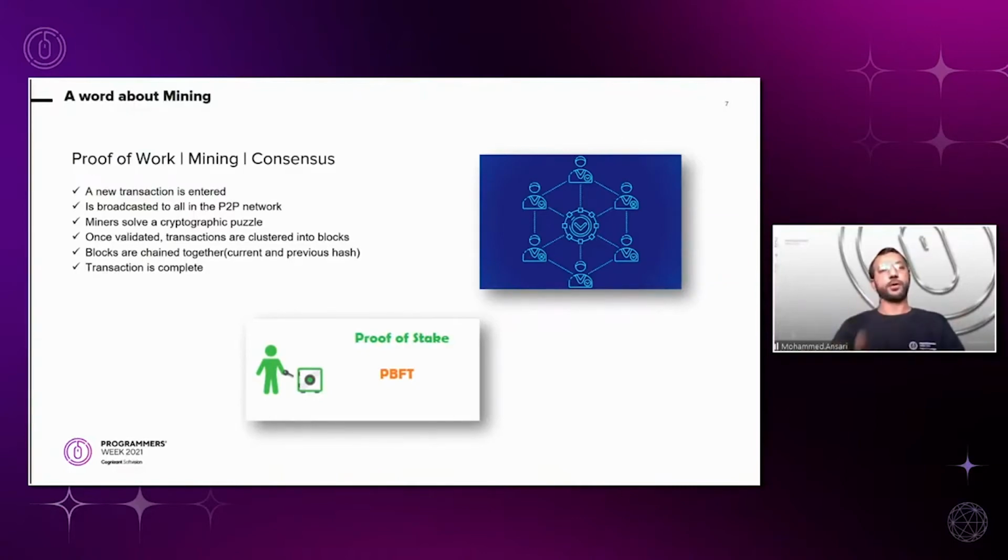Now, there is a problem associated with proof of work, because we have so many different computers competing with each other, and there is a difficulty level that increases as the blockchain grows. The next time these computers solve the puzzle, they are going to take more CPU, which means more resources and more energy.